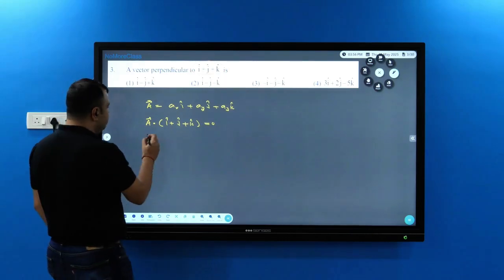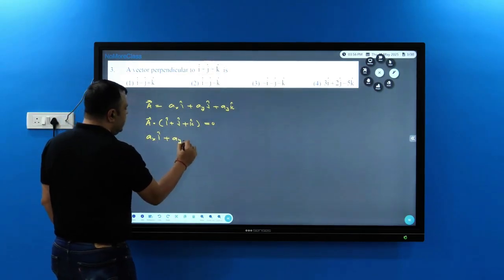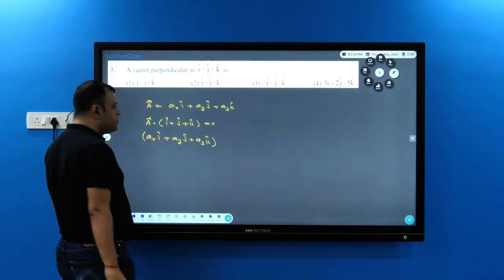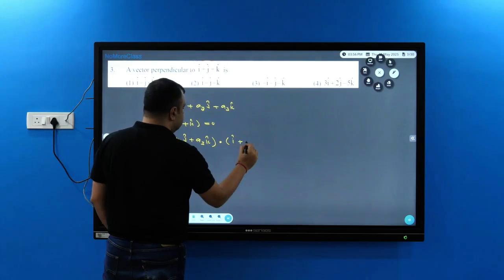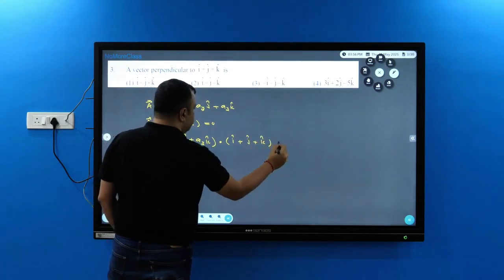Assuming A vector as Ax i cap plus Ay j cap plus Az k cap, here Ax, Ay, Az I don't know right now. So Ax i cap plus Ay j cap plus Az k cap dot i cap plus j cap plus k cap is 0.